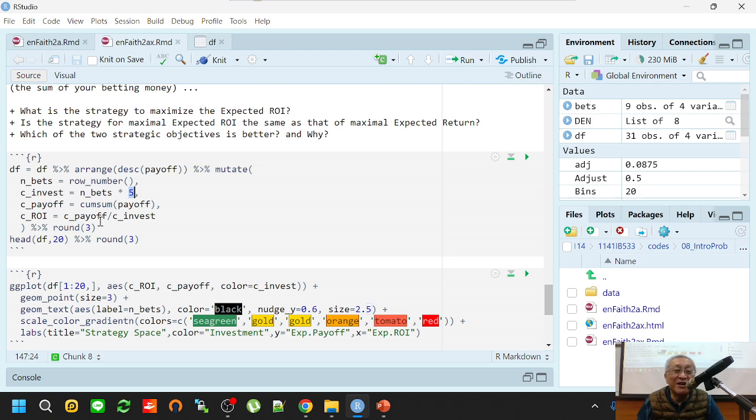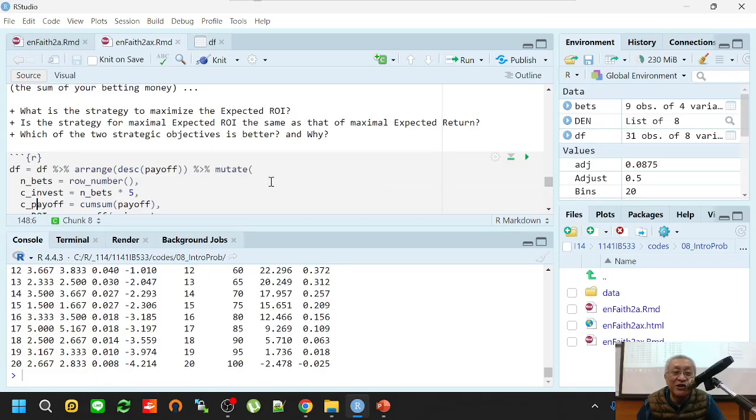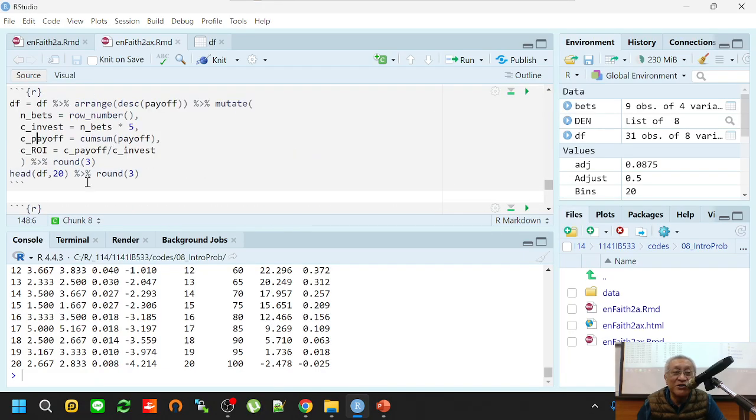And the payoff, as you can see, I'm using this payoff and doing the cumsum on the payoff. And then I want to calculate the implied cumulative. So let's run this and see the result. You will have a better idea. Okay, let's see that.